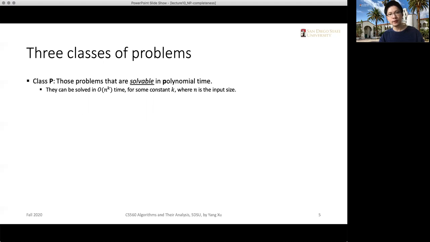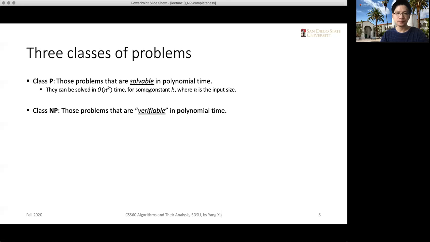All right. I highlighted the word solvable because now let's introduce the second type, NP. Those problems are verifiable in polynomial time. The adjectives solvable versus verifiable are different.